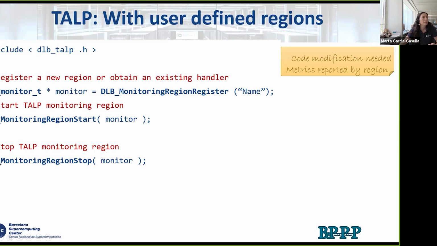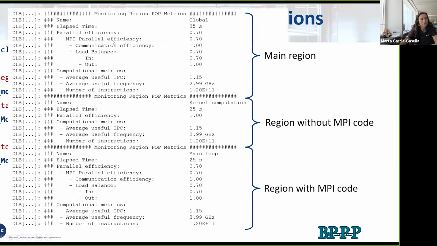So then we provide this API where you define what we call a monitor and you give it a name. Then after defining that monitor, you can start and stop it whenever you want to get data. This way, at the end, what you will get is the same metrics, but divided by region.